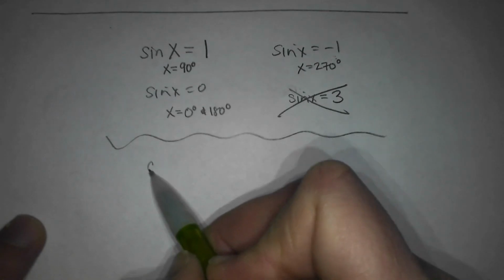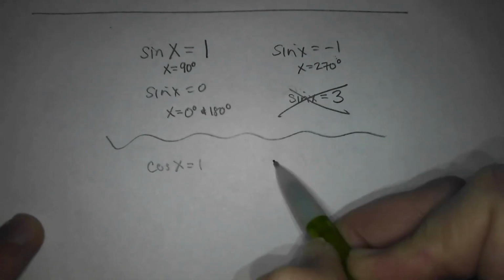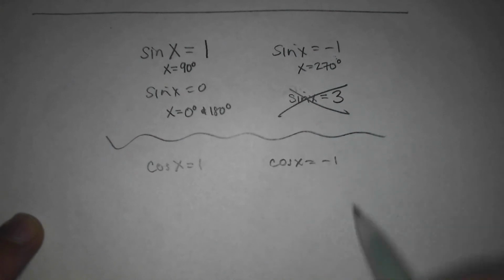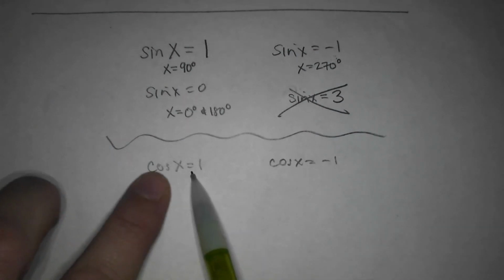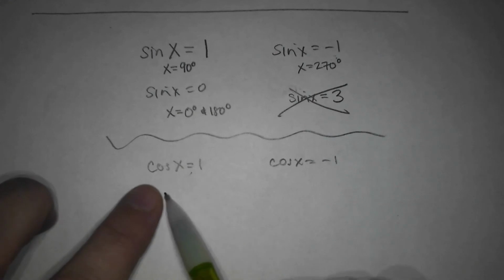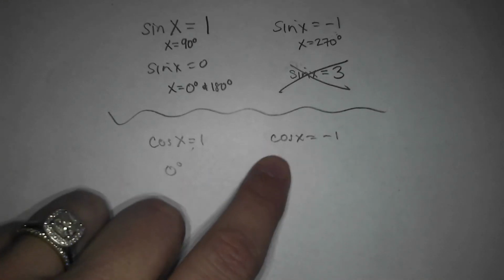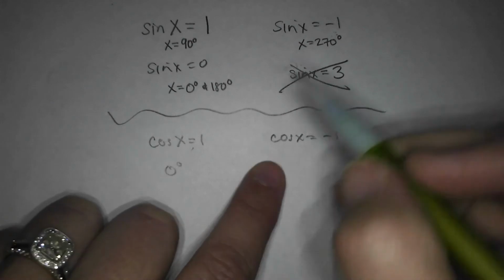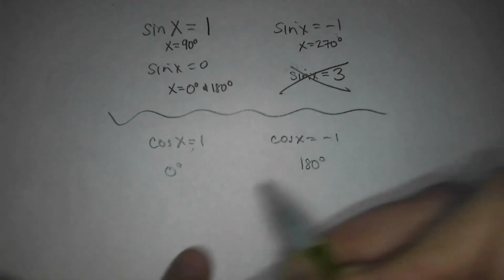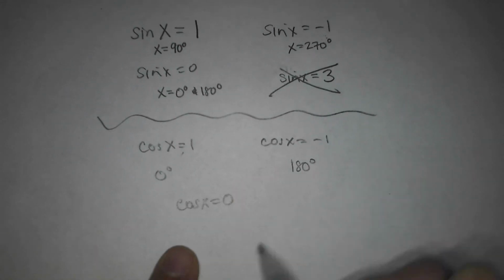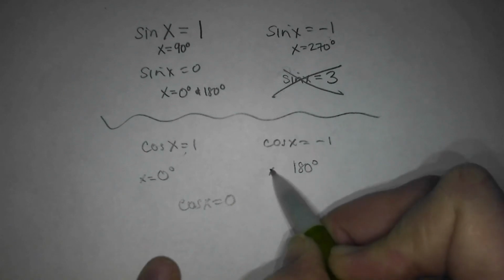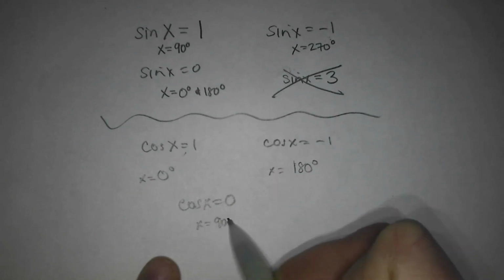On the flip side, cosine of x equaling 1, cosine of x equaling negative 1. Where does the cosine of x equal 1? 0 degrees, right? That's where your x coordinate equals 1. Where does cosine of x equal -1? 180. And where does cosine of x equal 0? Perfect.